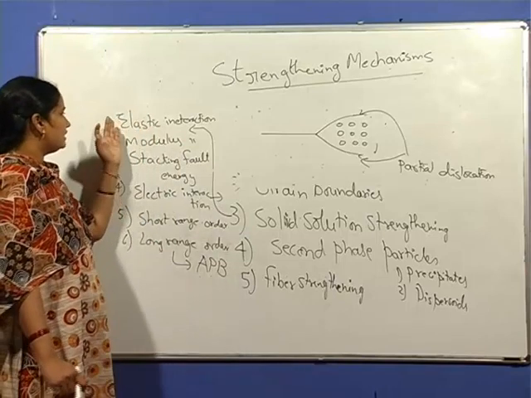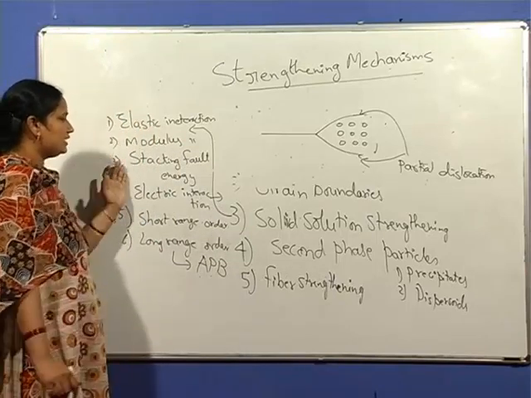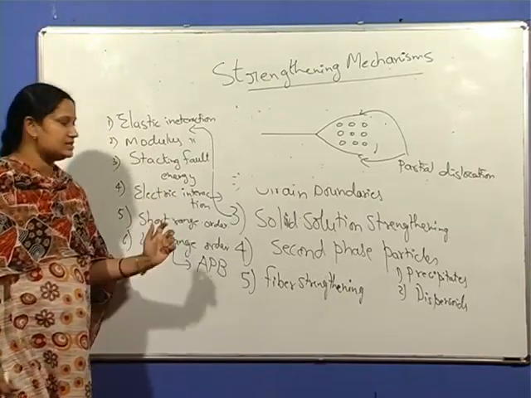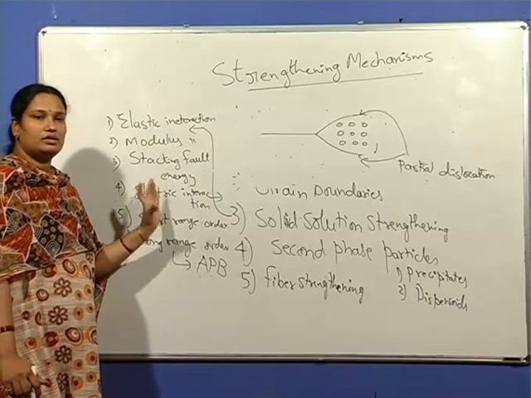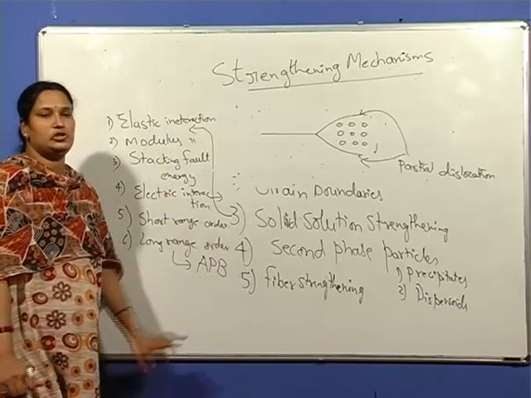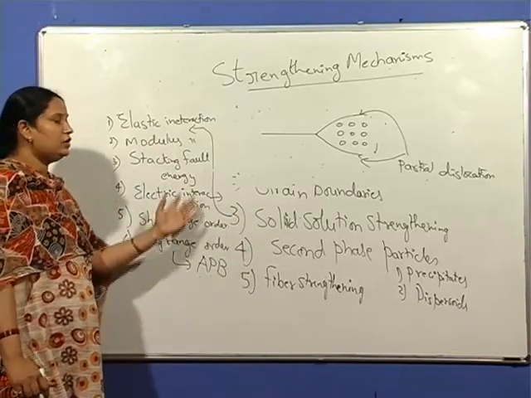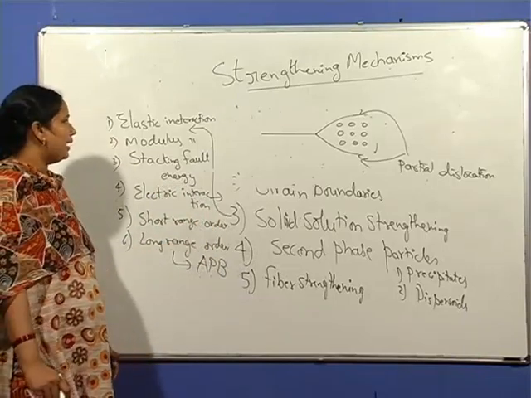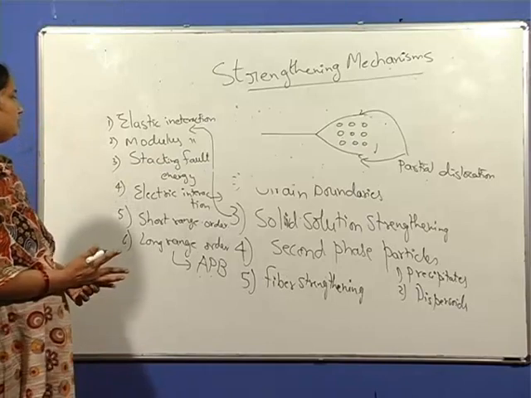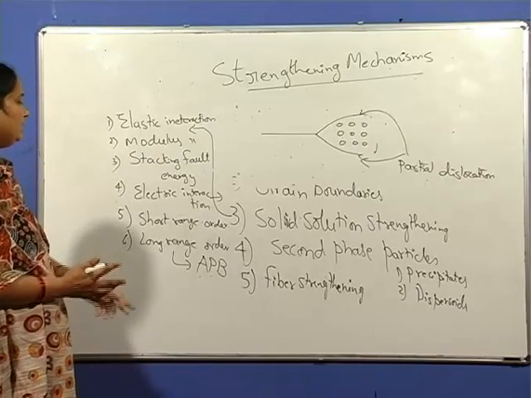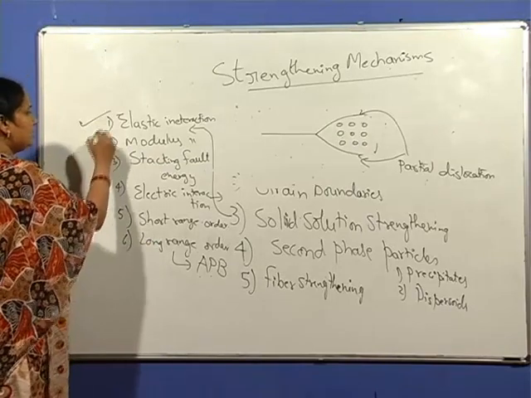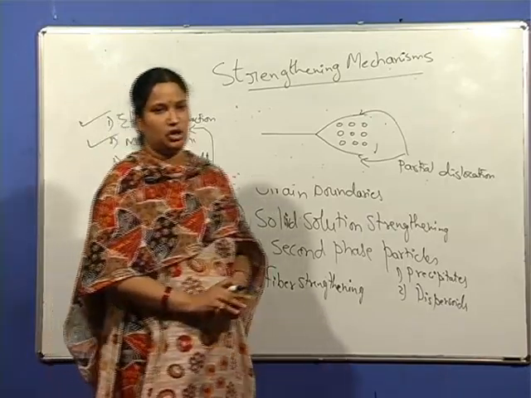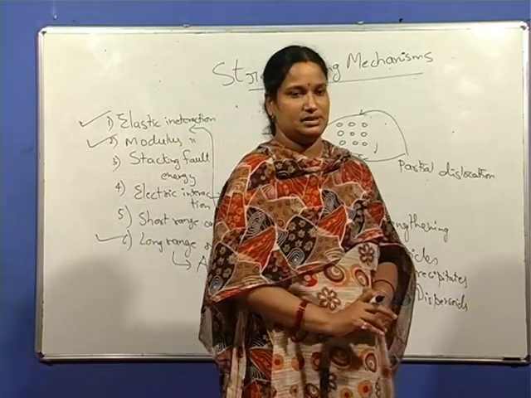Whereas all these, elastic interaction, modulus interaction, stacking fault energy, electric interaction, short range order, were discussed, and all these are the mechanisms of solid solution strengthening. Either one of these contributes to solid solution strengthening. Among these, elastic interaction, modulus interaction, and long range order are temperature insensitive.